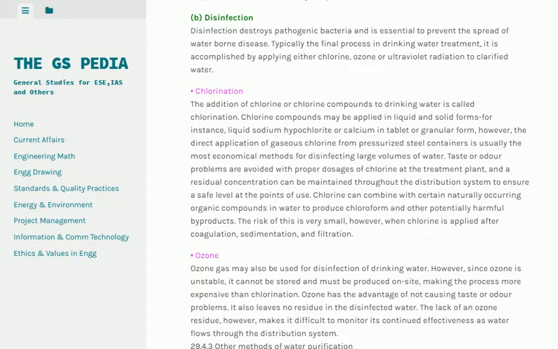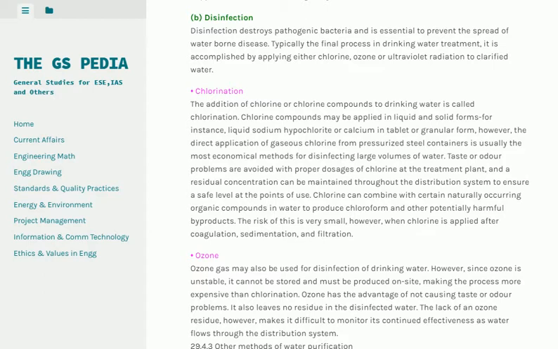Taste or odor problems are avoided with proper dosages of chlorine at the treatment plant, and a residual concentration can be maintained throughout the distribution system to ensure a safe level at the points of use.